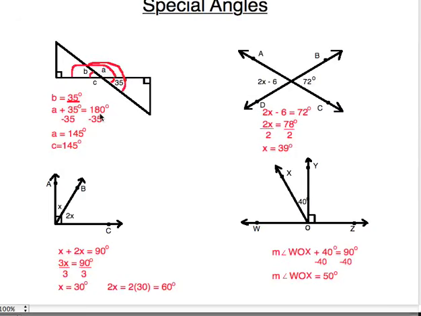So they make 180 together. Subtracting 35 from both sides leaves 145 degrees for angle A. And if angle A is 145 degrees, then we can easily find angle C because it's directly across from angle A. Vertical angles are congruent, so C is also 145 degrees.